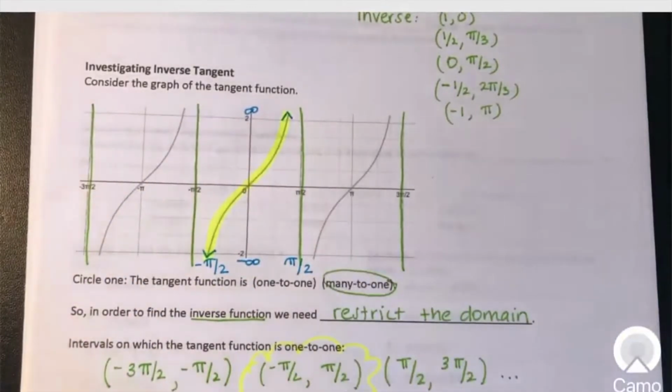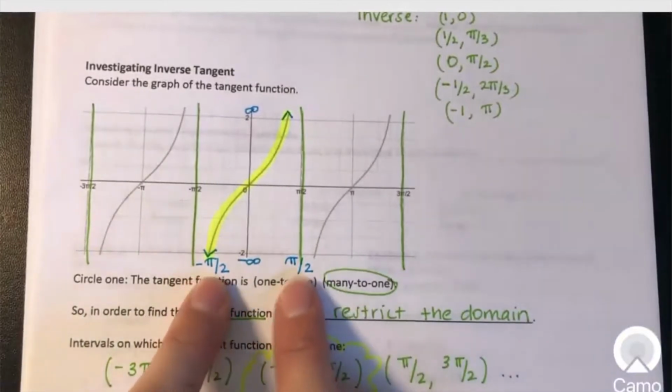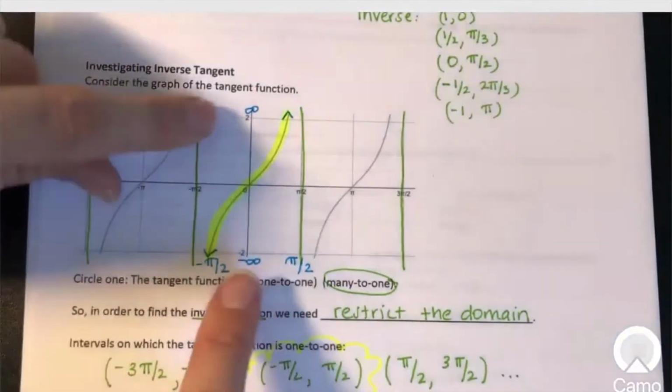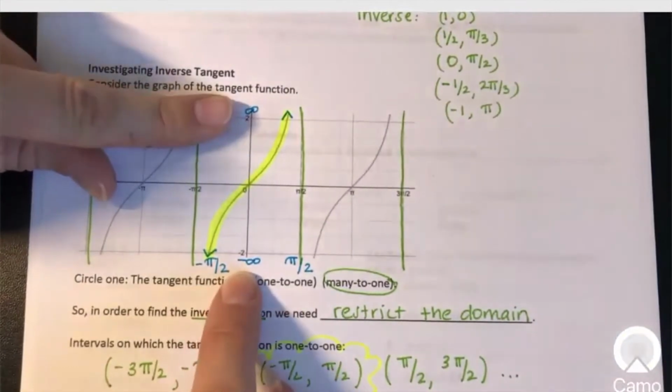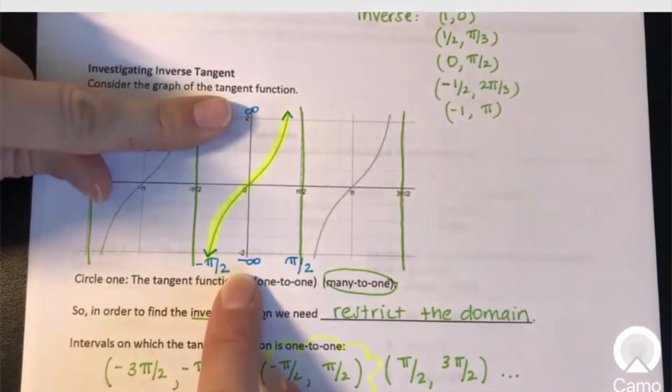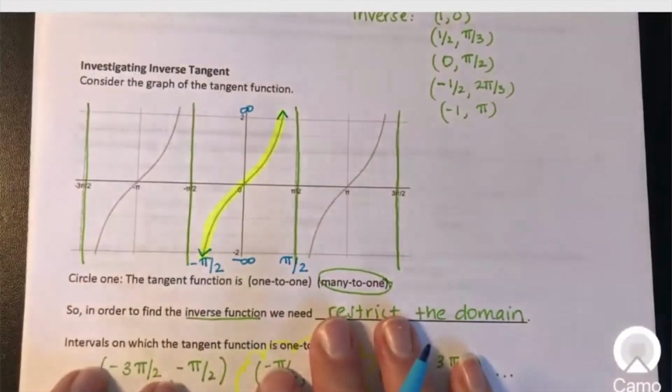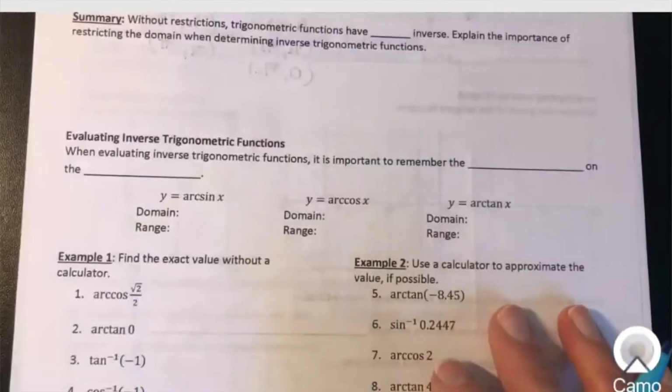So remember, when we're looking at our inverse tangent function, our domain for tangent becomes the range for inverse tangent, and the range for tangent becomes the domain for inverse tangent. So we'll go ahead and indicate that on the next page.